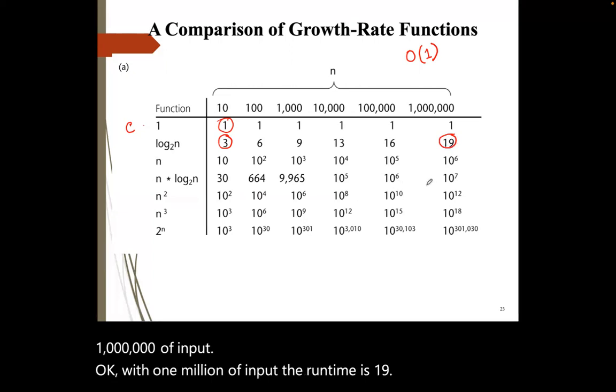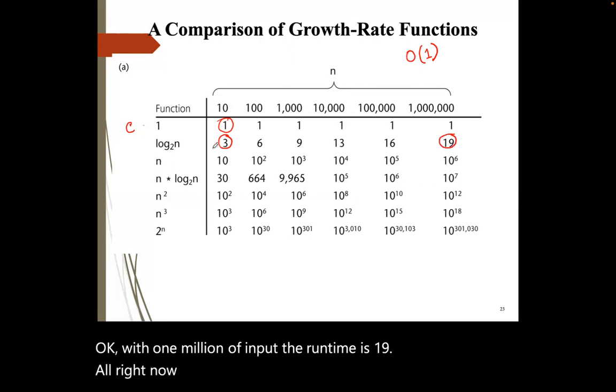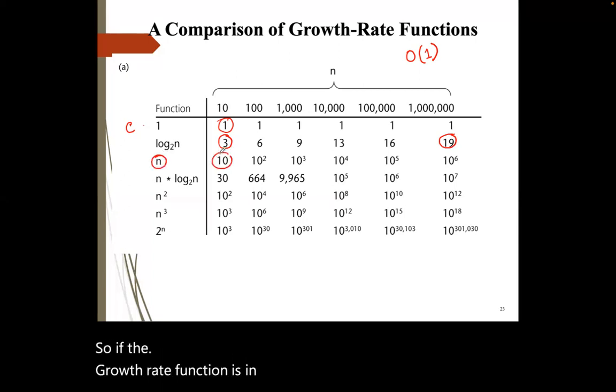Now with n, if the growth rate function is n, with 10 inputs it's 10, but with a million inputs, this is 10 to the power 6.